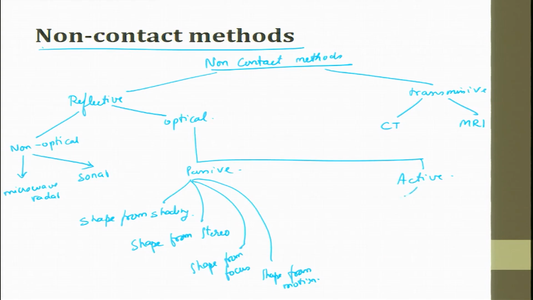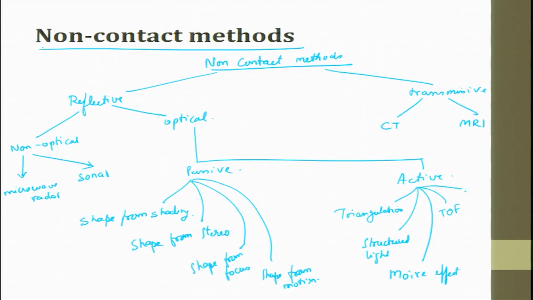Okay. When we talk about active, we talk about triangulation, we can talk about structured light, we can talk about Moire effect, okay. We can have time of flight, and we can have laser, coherent laser.